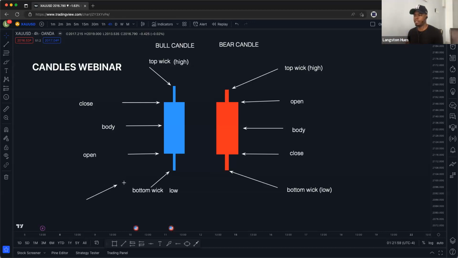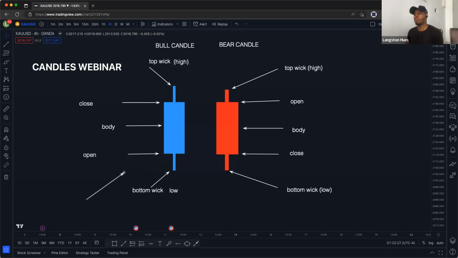Again, like we said, there's wicks, there's bodies, there's opens, there's closures. So 86% of all candles have a bottom wick and a top wick, right? When we talk about these candles and we're observing their movements in the market, we should always expect to have a bottom wick, a top wick, and then the body.